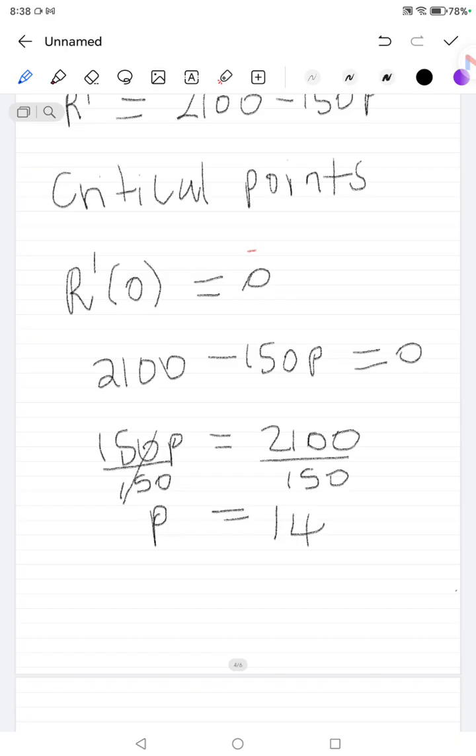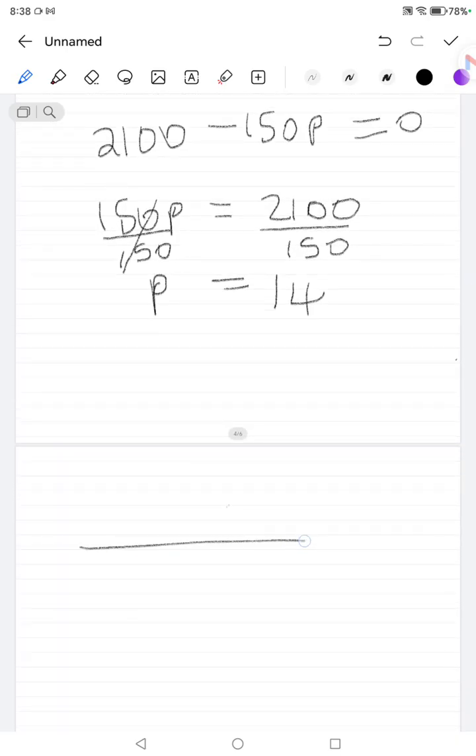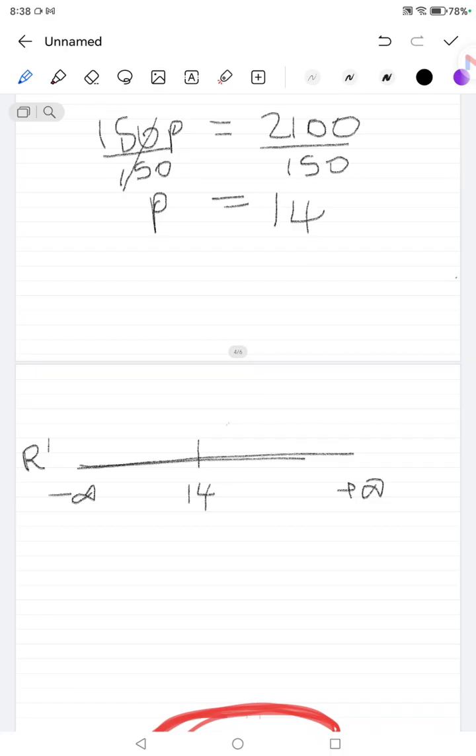So now you're going to go to the number line. You have your 14 this side, minus infinity, positive infinity. Then we're working with our first derivative. This side you're going to do your test, but you'll see it's positive, then it's negative. Then you're going to have something that looks like this.